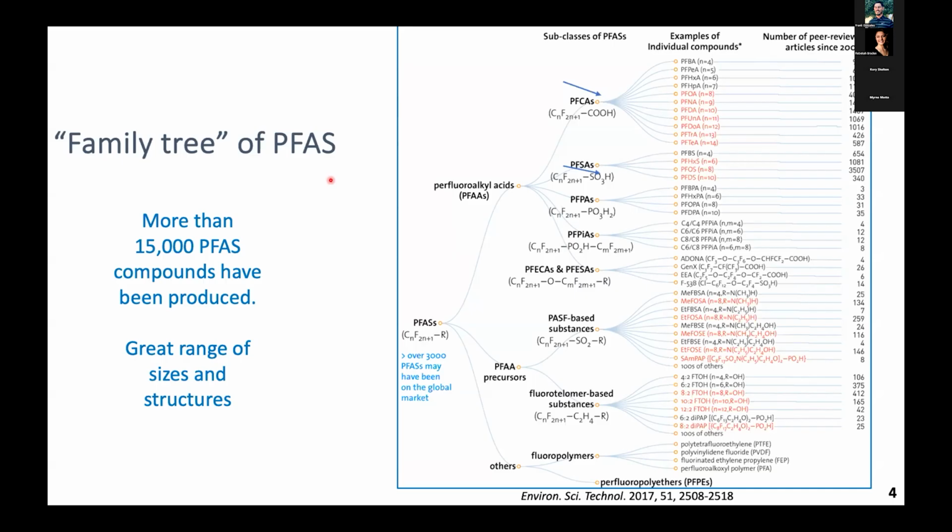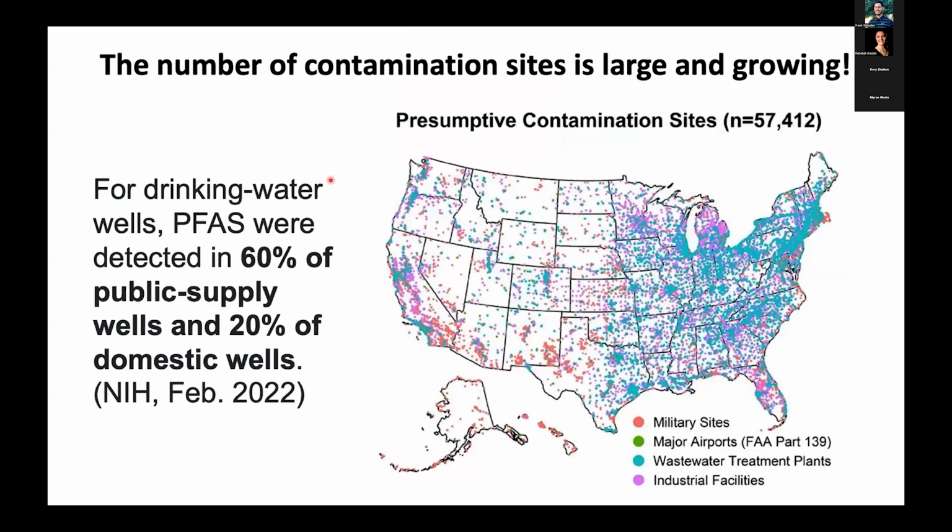And I'm not going to go through all of these, obviously I can't, but there are now a huge number of PFAS molecules out there, of all different sizes and different chemical structures. So it's pretty complicated.